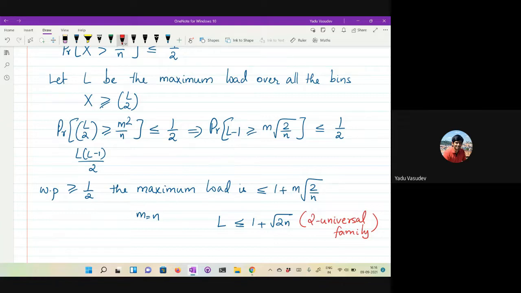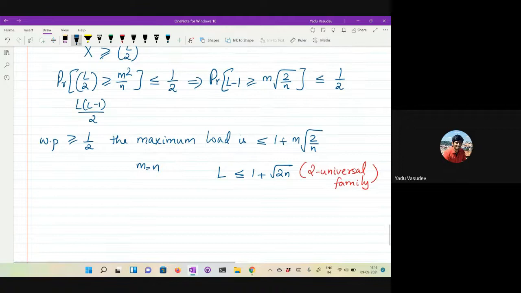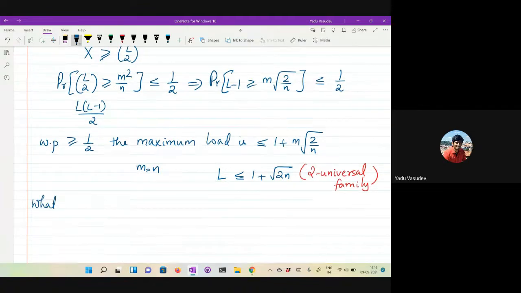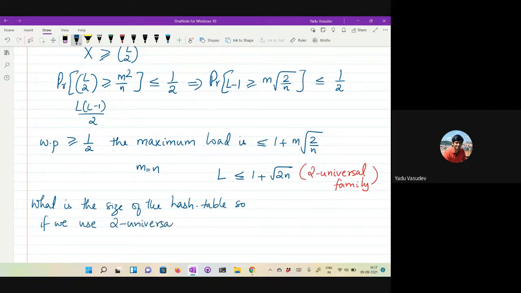What is the size of the hash table so that if we use a 2-universal family, the complexity of searching is order 1?